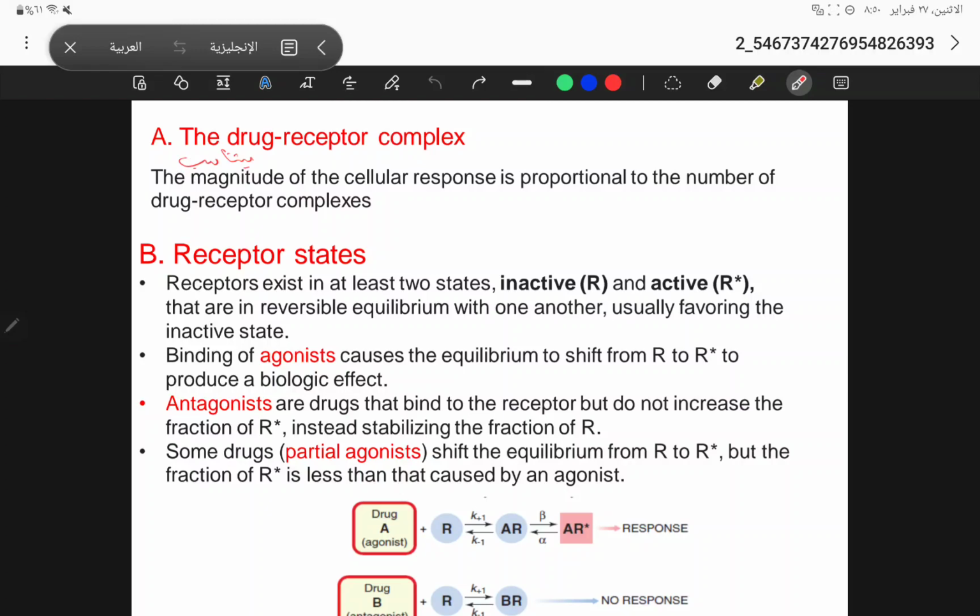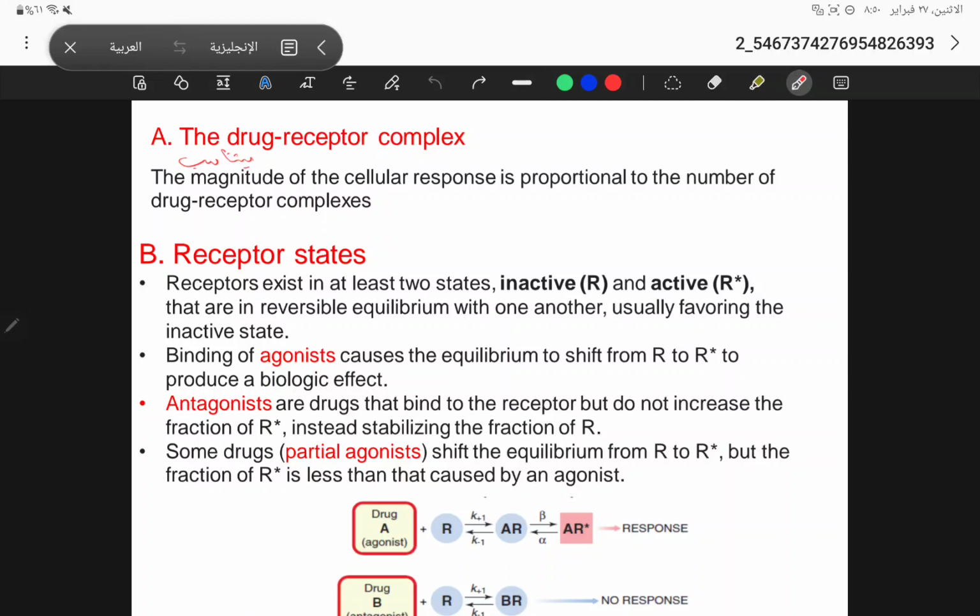Coming to receptor state. Receptors in the body do not exist in one form. They exist in two forms mainly, the inactive form, R, or the stable form, and the active form, R star.